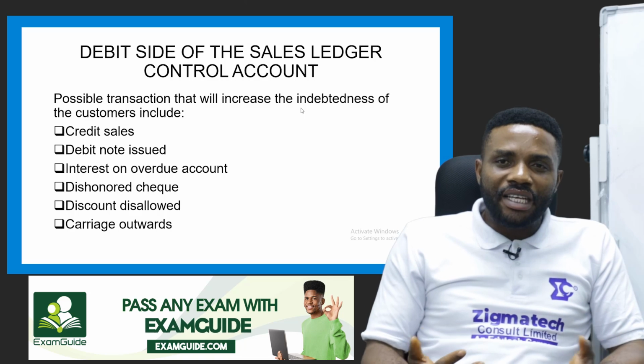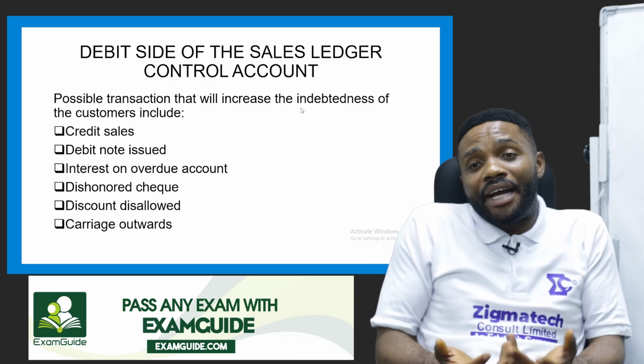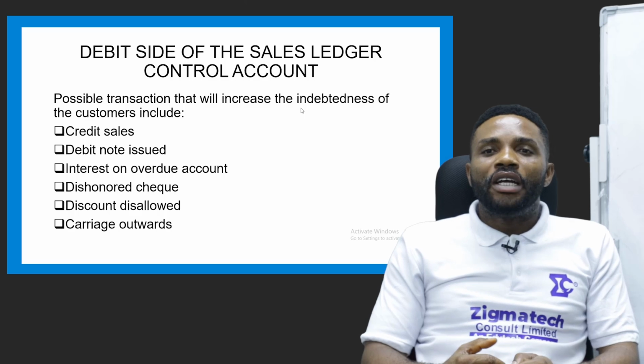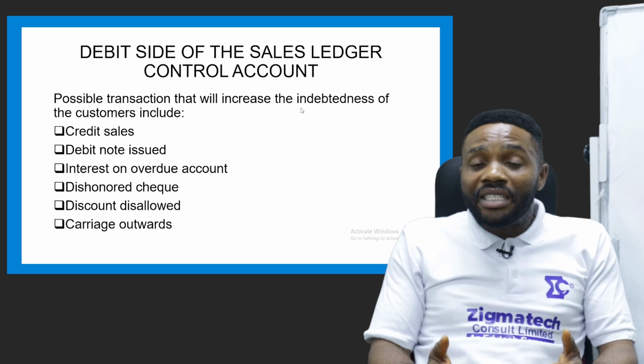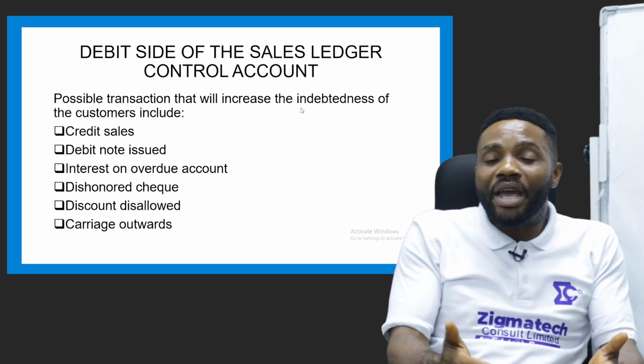And then the next one is discount disallowed. We actually had in mind to give you a discount, Mr. Peterson, but we just decided to withhold our discount, reasons best known to us. We actually told you to pay this money.